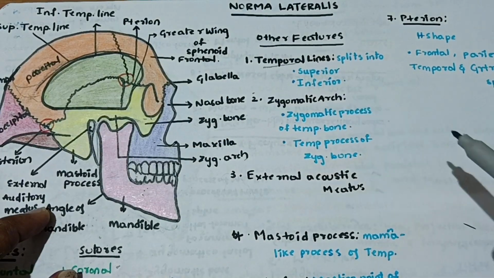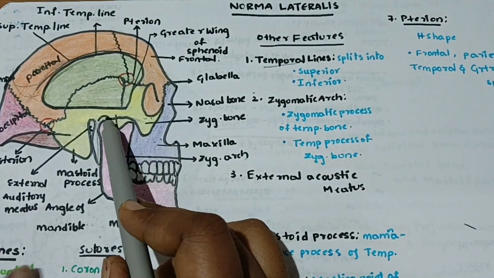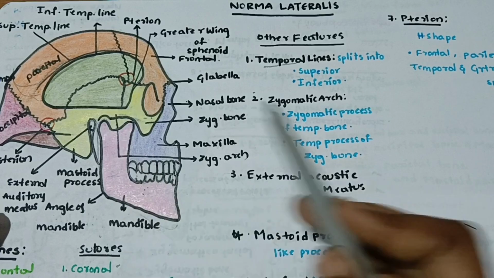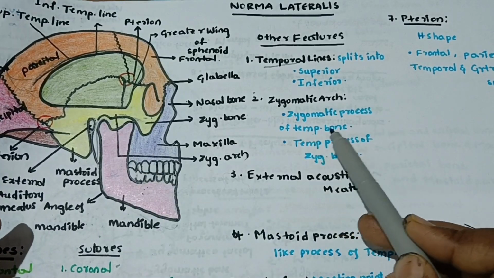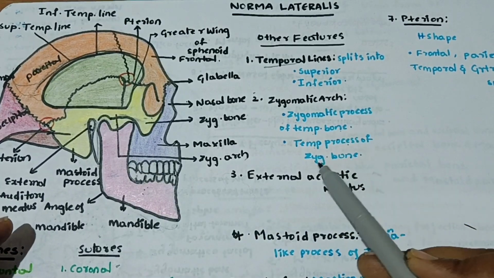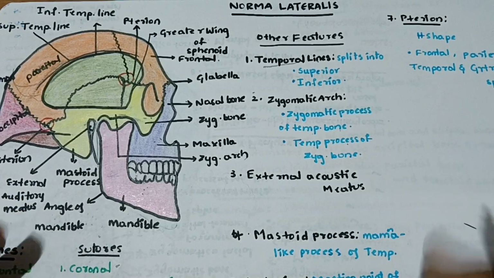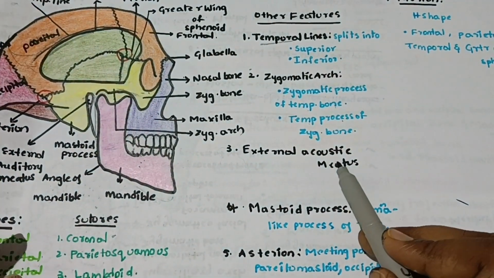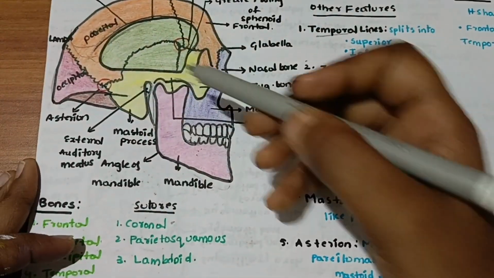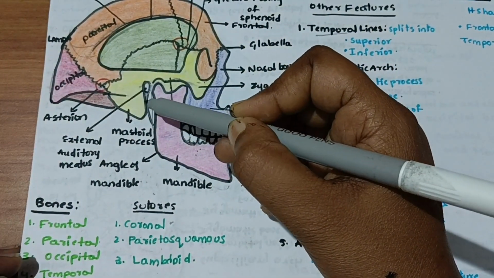Now, zygomatic arch. This is the zygomatic arch. Yes, the zygomatic process of temporal bone and temporal process of zygomatic bone are involved in the formation of zygomatic arch. And external acoustic meatus. See, this is the external acoustic meatus.